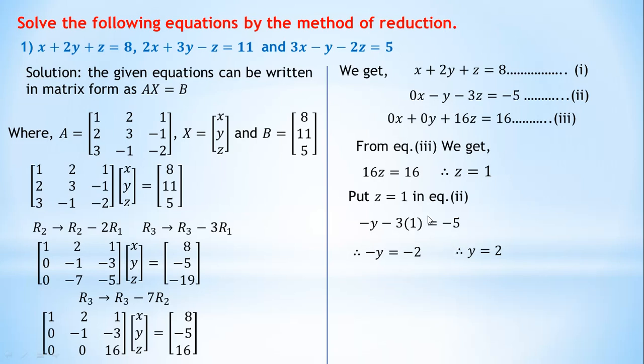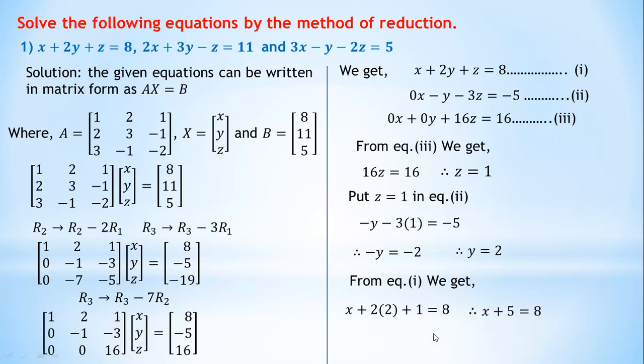Just in the regular way, once you get the value of z is equal to 1, use equation number 2 to get the value of y as 2, and then finally by using equation number 1, x plus 2 into 2 plus the value of z is 1, that is equal to 8.